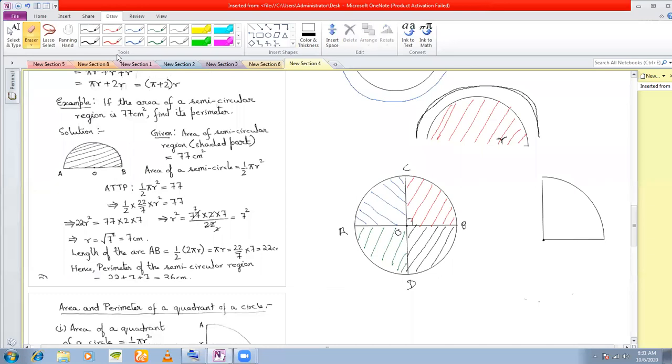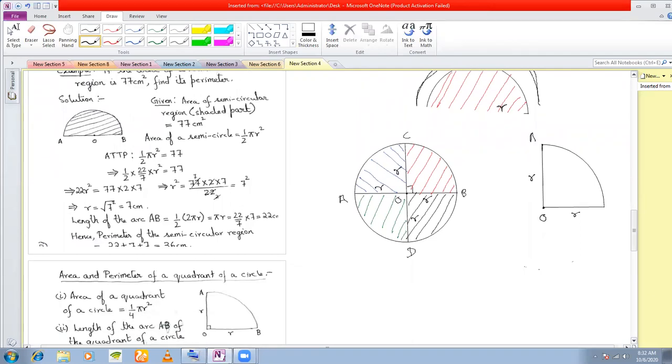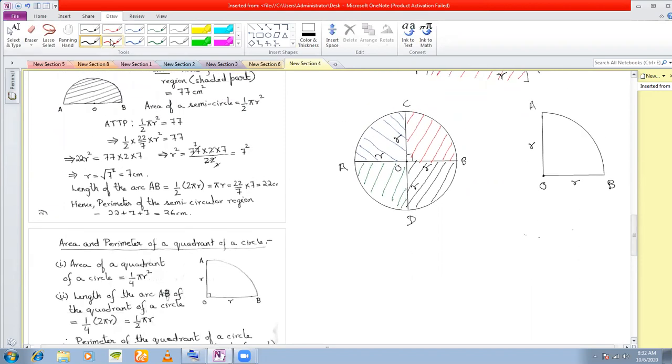So this is our quadrant of a circle, one fourth of a circle. The center is O, and let us say the radius of the circle is r. Here, all these are r. Let us call this point A and this point B. What should be the area of this one quadrant?